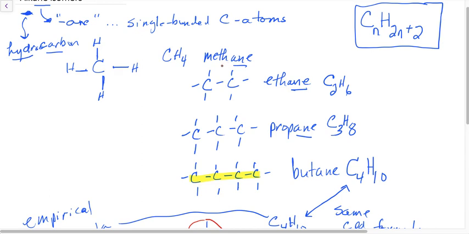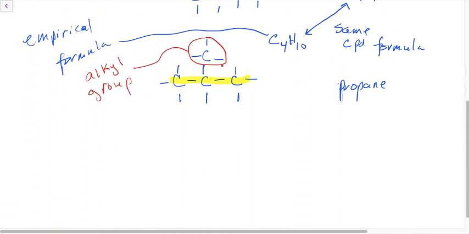So if we come back down here, this is one carbon atom that has 1, 2, 3 hydrogens on it. One carbon atom we know is methane, but what we do is we drop the ending and we add a YL. So this becomes methylpropane.